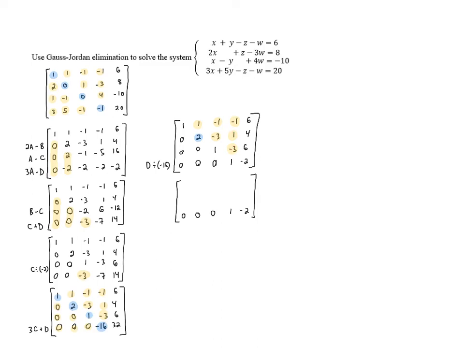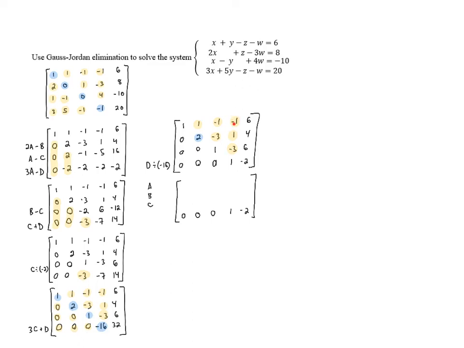So for each of these, for rows C, B, and A, the only thing we can do to alter them is add a multiple of D, because if we add any of the other rows, we're going to get all of these extra numbers in front, and we don't want those. So for each of these, we're going to start with the row that we've got, and then add or subtract a multiple of this last row to cancel out what these are.